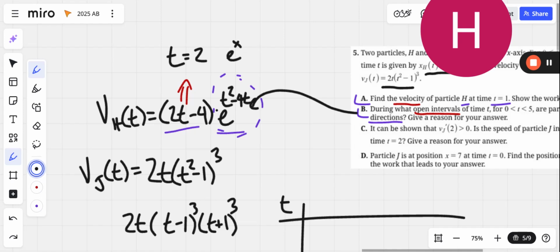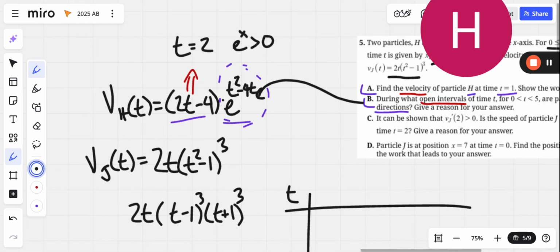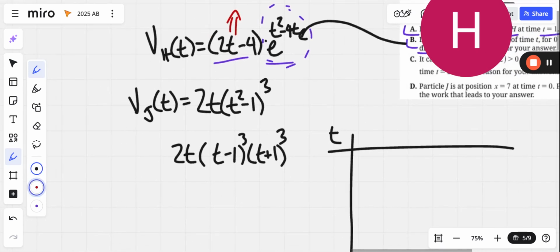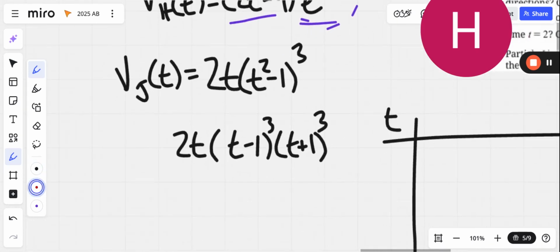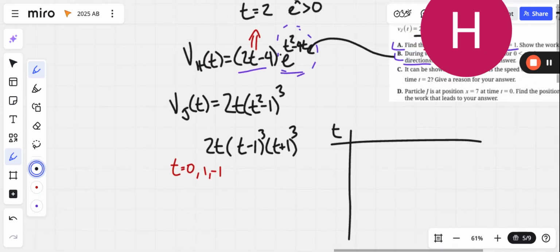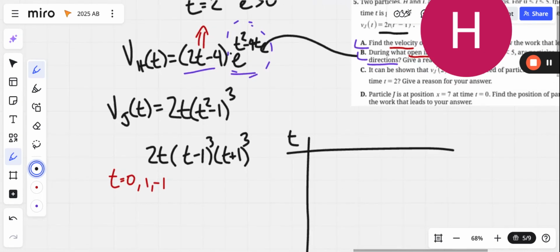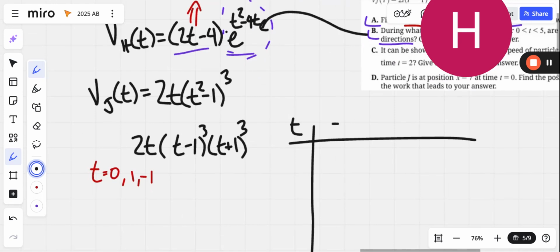Even if it's a negative power, it's still a positive value. So that's helpful to know. That means that 2 is going to be on this number line somewhere. And then if we look at VJ, we have special values at 0, 1, and negative 1. We really don't need to consider 0 or negative 1, but I'll throw them on the chart anyways. Negative 1, 0, 1, and 2.